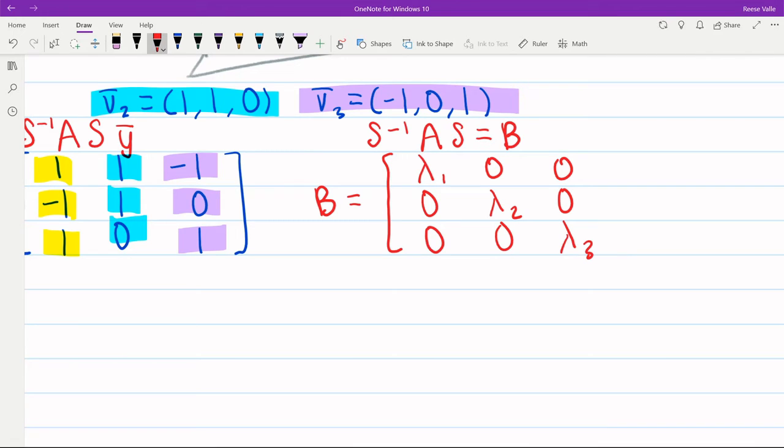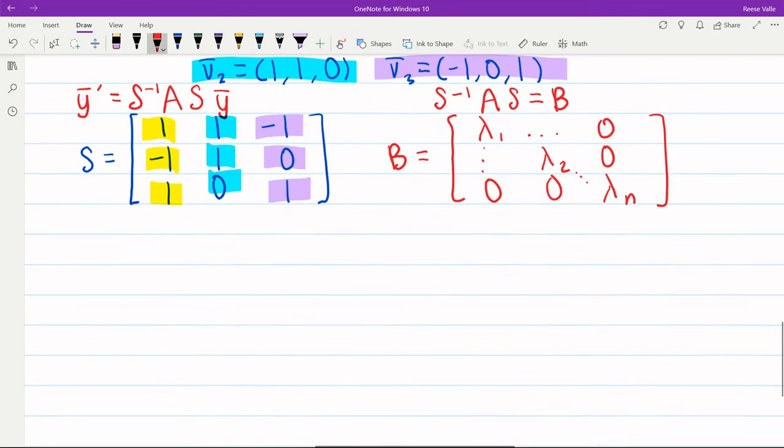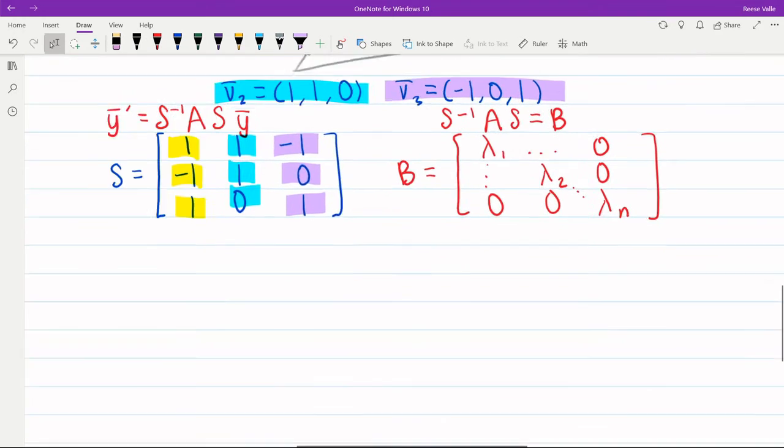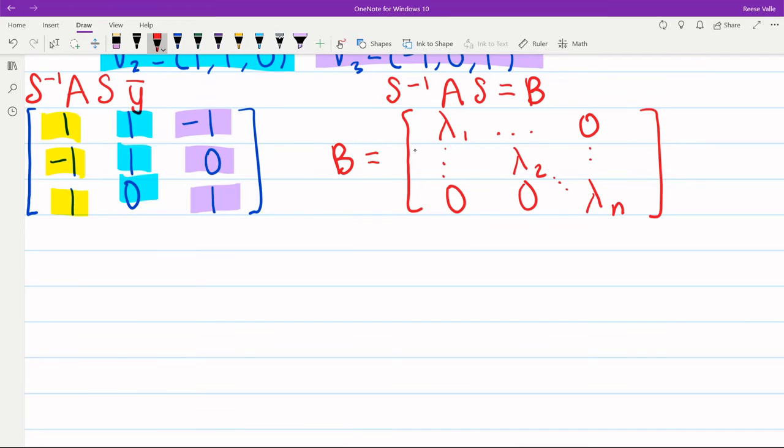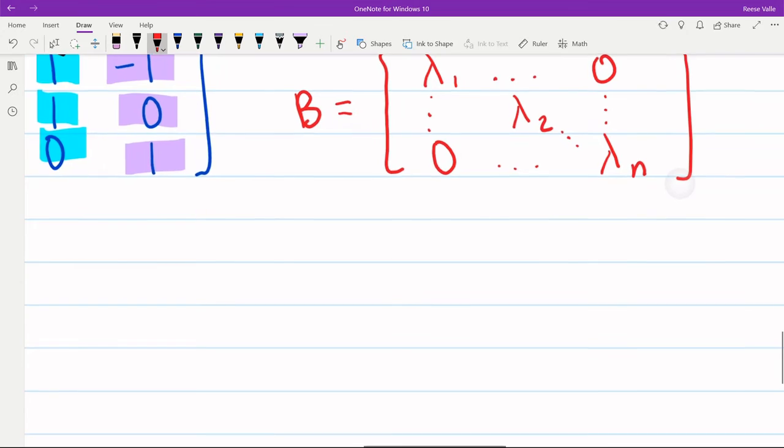I could write this as a different thing here, with dot, dot, dot there, and dot, dot, dot there as well.